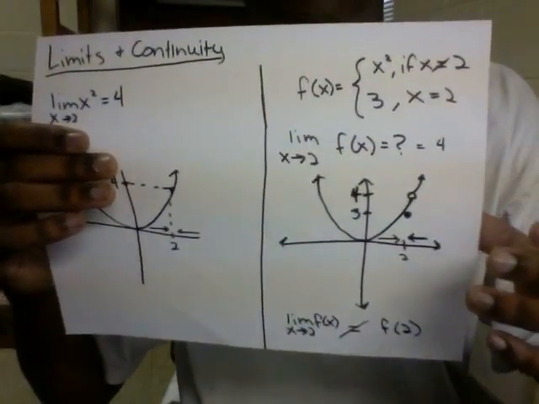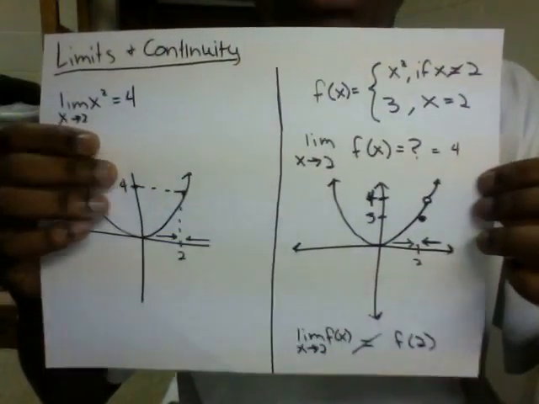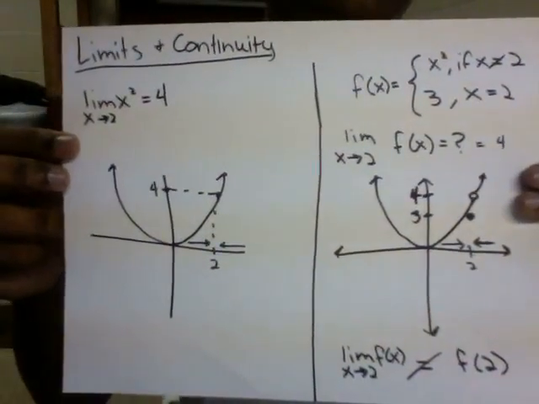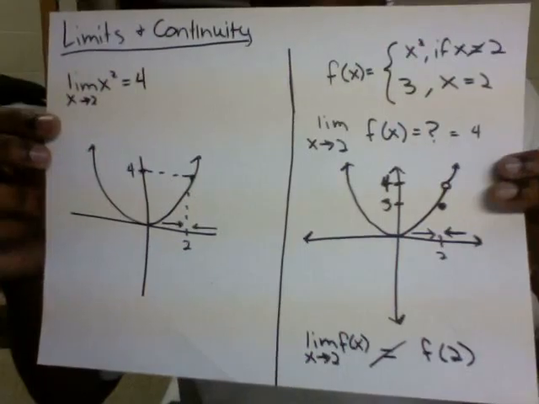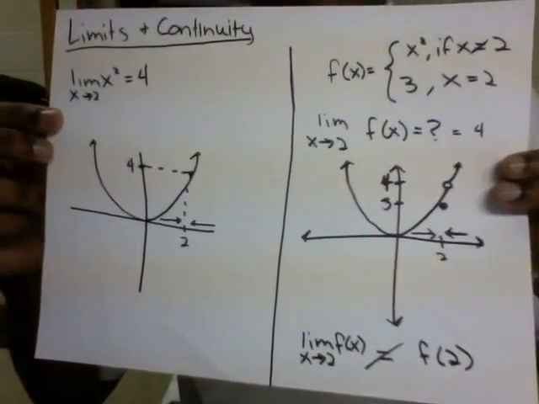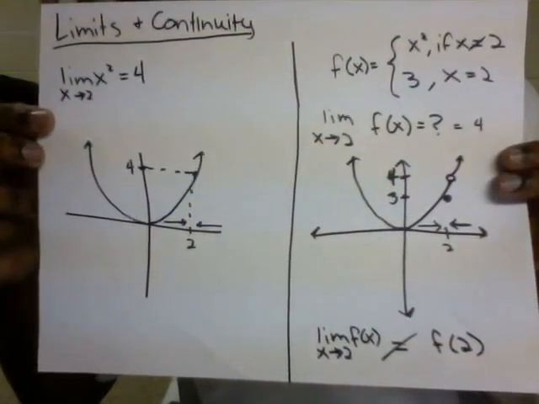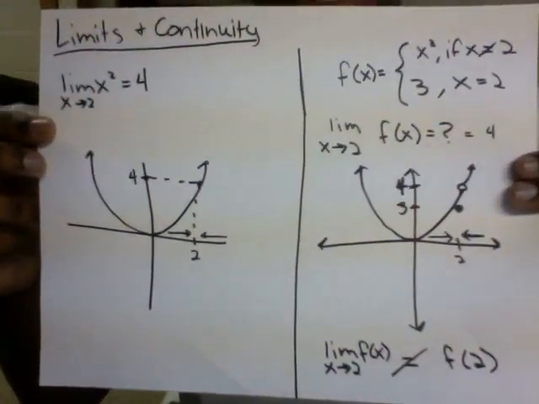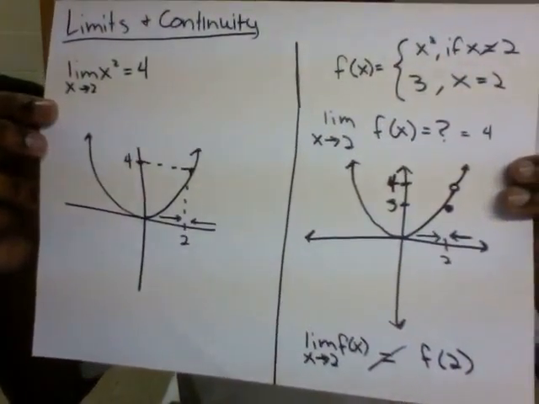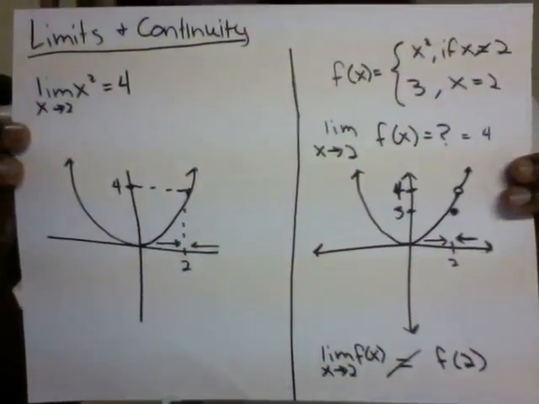As you can see, f of 2 is 3. This is just to prove the point that f of x is not always f of 2. You cannot just plug the value into the equation to get an answer.